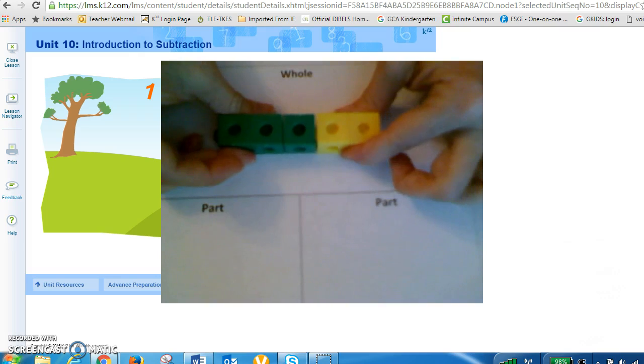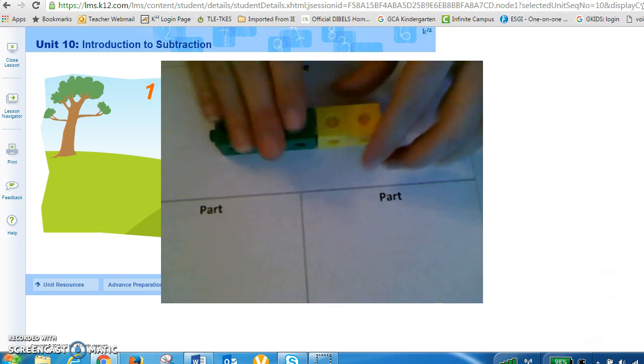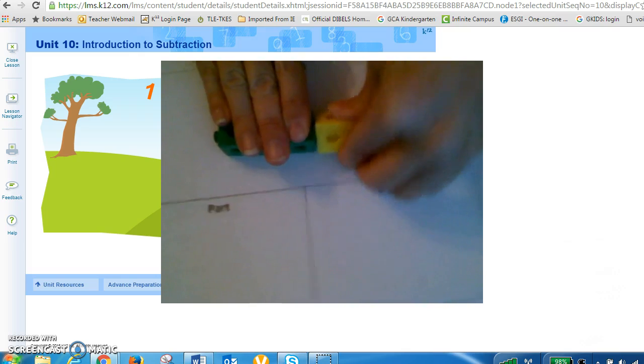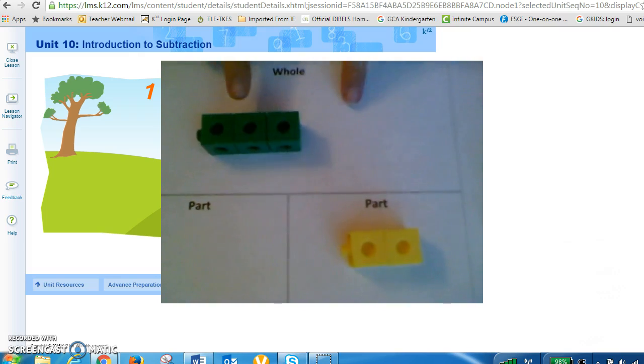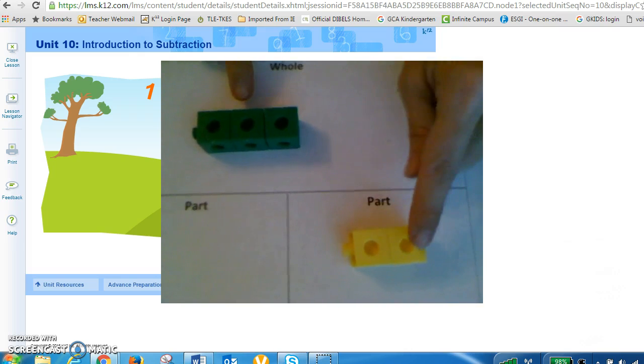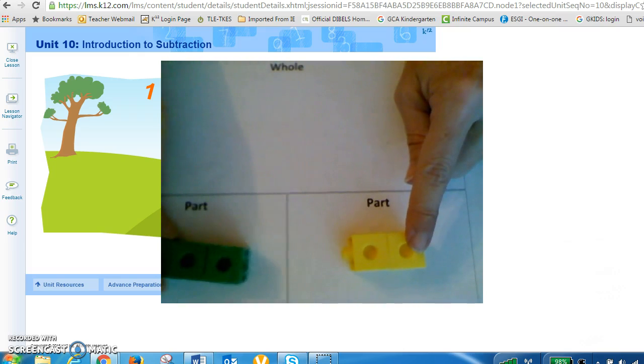Now I have a whole amount of 5 cubes. When I take away part of that whole, I am subtracting. So I'm going to take away my 2 yellow. So I had 5, and I take 2 away. That is subtracting. And I have 3 left over.